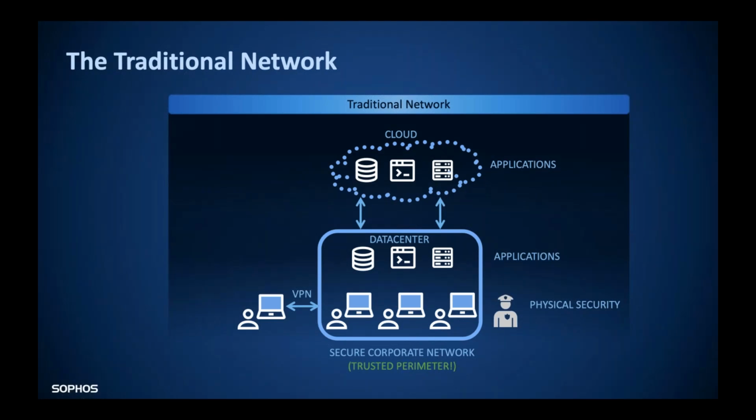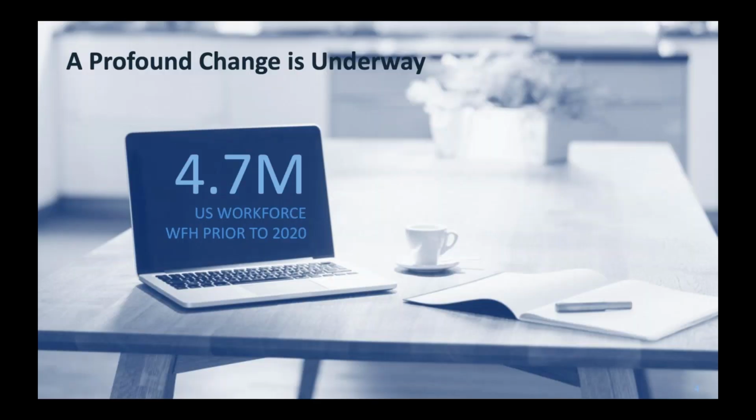Of course, this all worked perfectly up until earlier this year. Now, there's a big change underway, as we all know, and we've all experienced it firsthand. Some interesting statistics: even before the COVID-19 pandemic, the US reported that 4.7 million workers were already working from home, at least part-time.